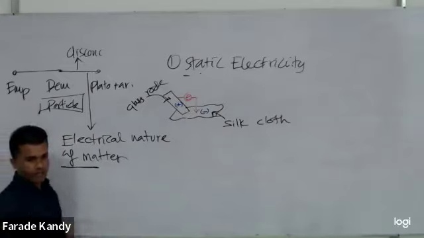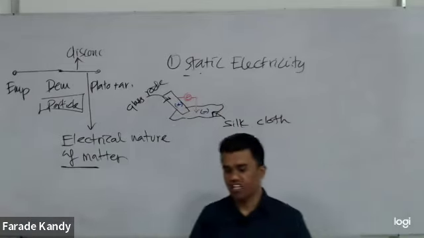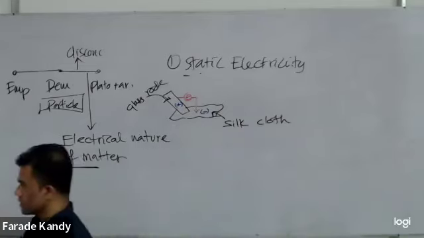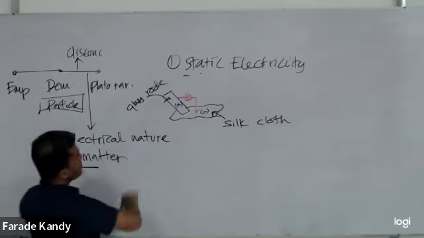All right, let's write the note like this. Once the glass rod is rubbed on silk cloth, the electrons are transferred from glass rod to silk cloth.